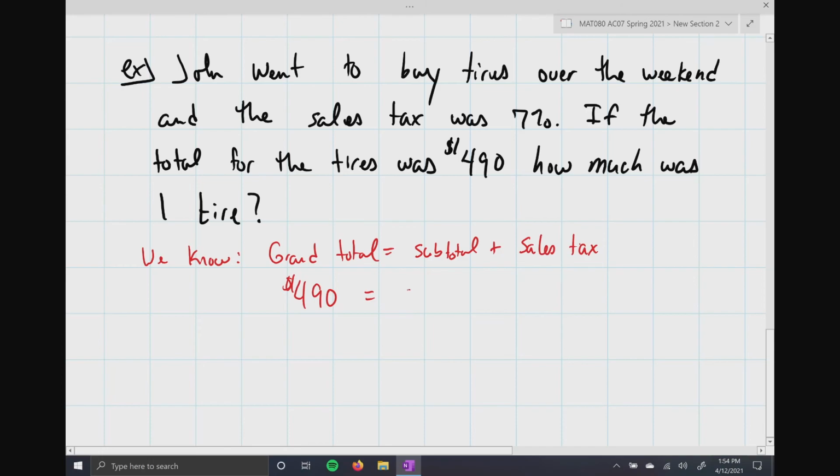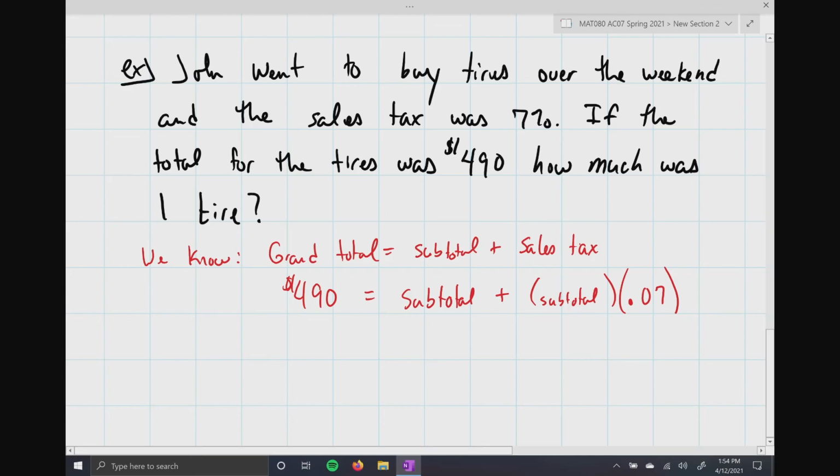All right? I don't know my subtotal, but I know my sales tax is going to be the subtotal times 0.07. Do you guys agree with that so far? Okay.